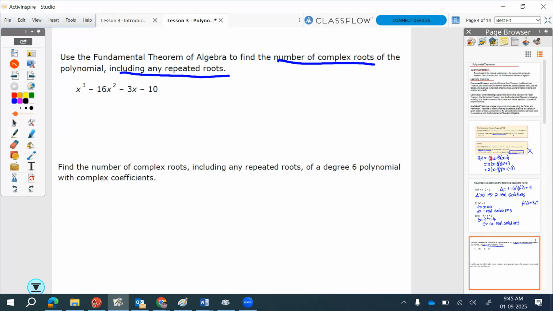So in this particular example, when it's saying including repeated roots, let's say this equation has a variety of roots and they're all identical. That's possible. In that case, you would say that that root has a multiplicity of 3. So, according to the fundamental theorem of algebra, how many roots will it have?